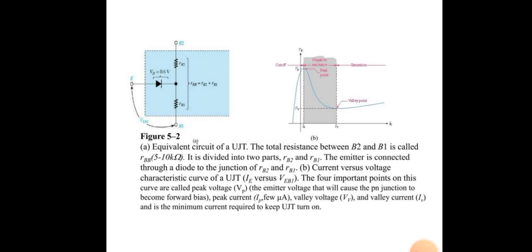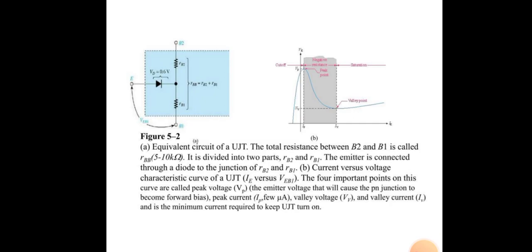That means when VEB1 exceeds a certain value, the UJT will turn on. In this situation, the E to B1 circuit becomes almost a short circuit and current can surge from E to B1, that is, emitter to base 1, for a very short time, and then the UJT reverts to the off state.